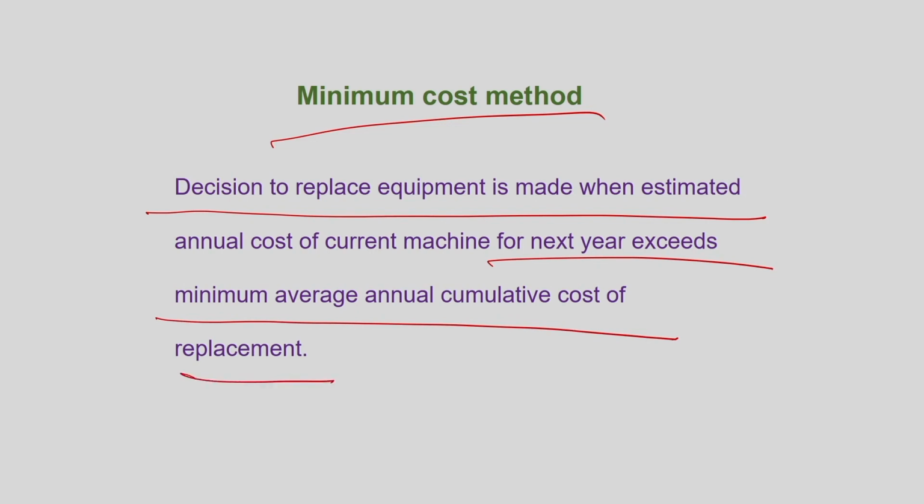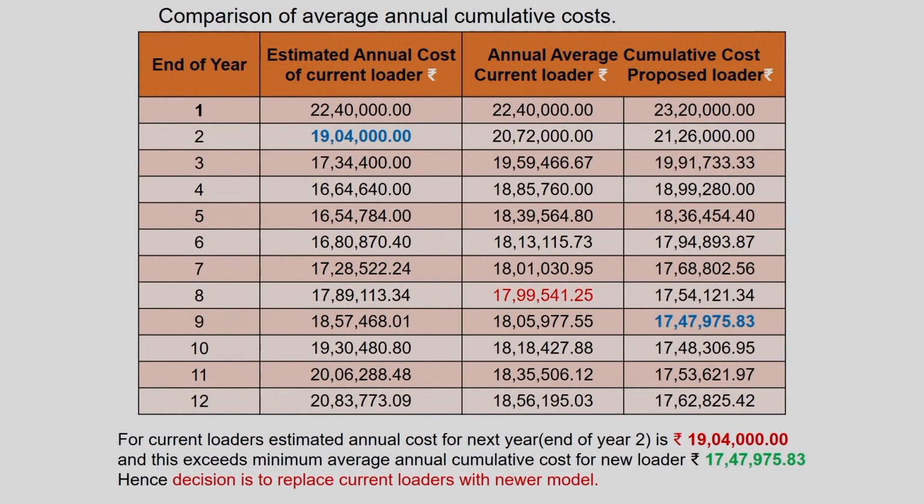Okay. So you are going to compare the annual cost of the current machine for the next year with the minimum average annual cumulative cost of the proposed machine. When the annual cost of the current machine is higher, that is the time you have to plan for the replacement. So now let us compare.